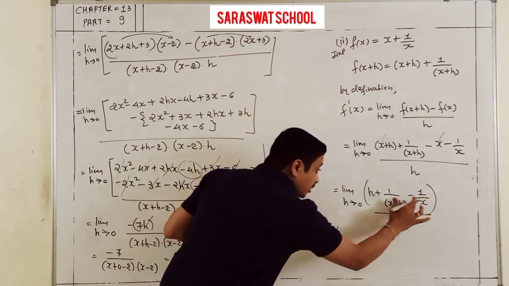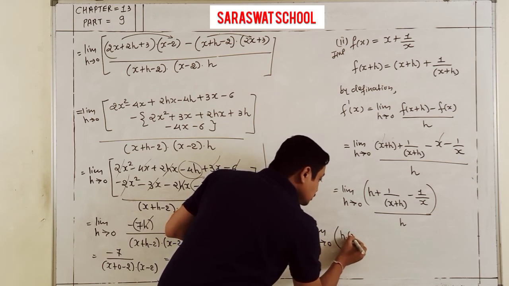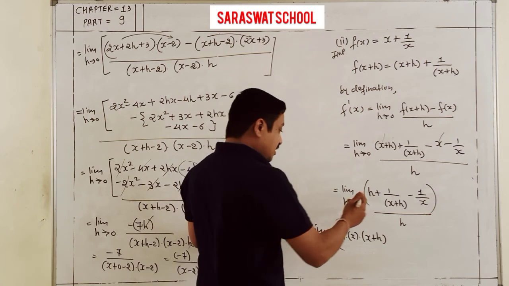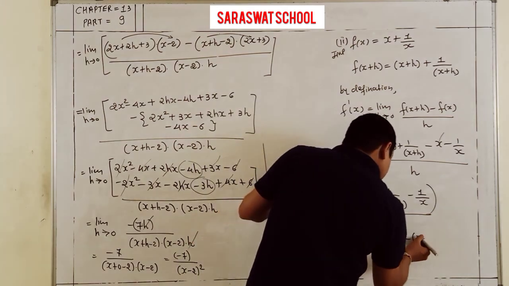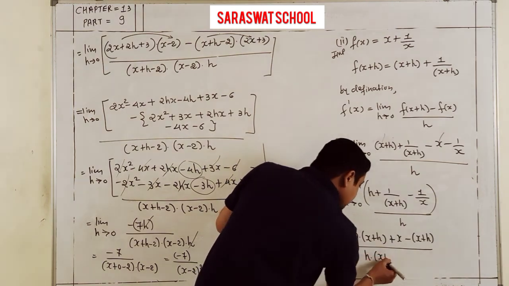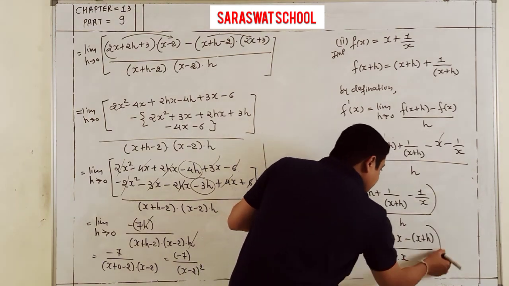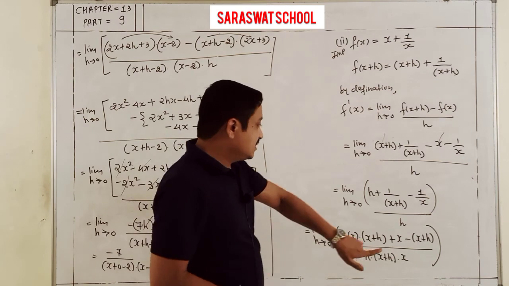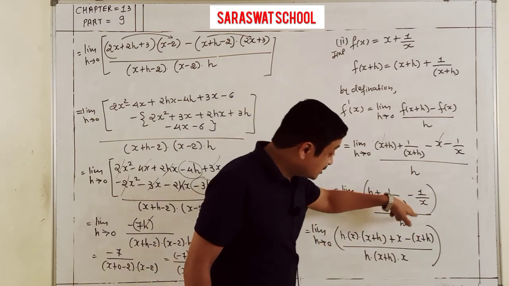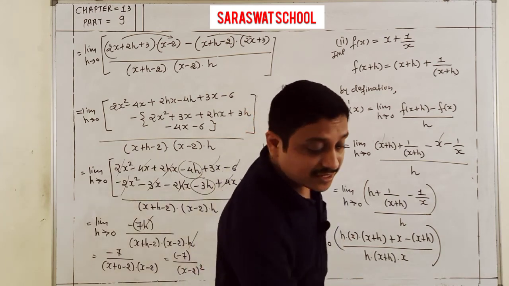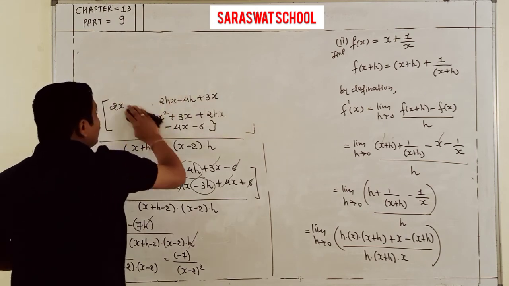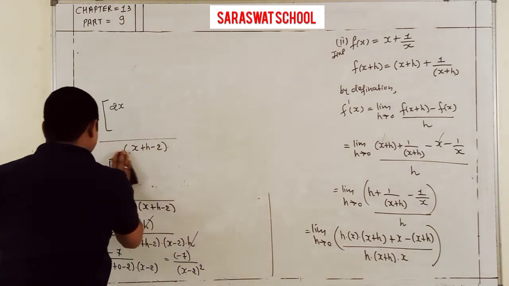Here this is a product with h, so h into x plus h, plus x minus x plus h, and upon as it is h, x plus h, x. Again I repeat, this two product with h, here only x remaining, so x I write down, and here x plus h remaining. Now expand it until you remove the value of h, then you get the answer.